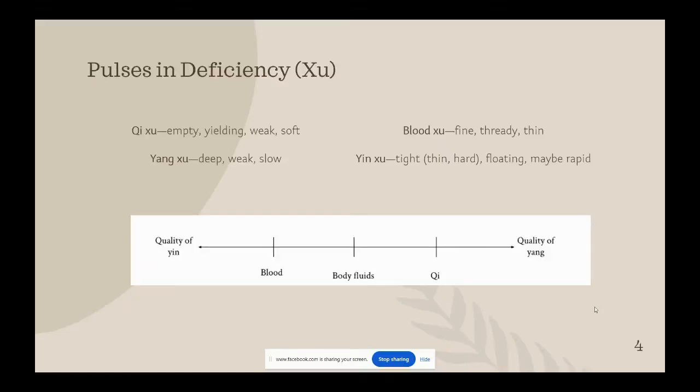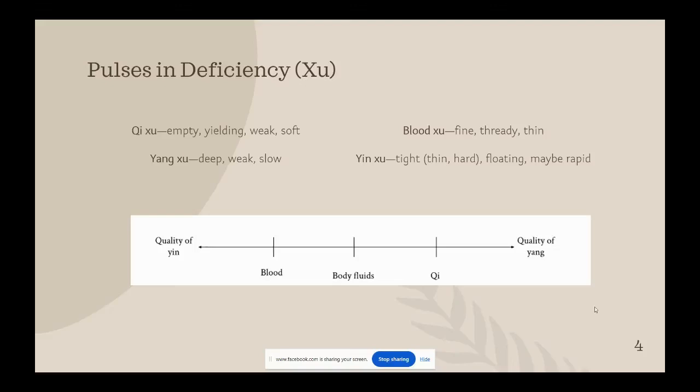So before we go into the individual pulse qualities, we'll go over what a pulse would feel like for these basic patterns of pathology, as you're typically not going to feel, in the real world, textbook cases. People are going to have a mixture of patterns.